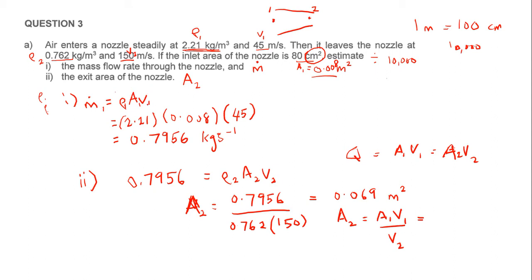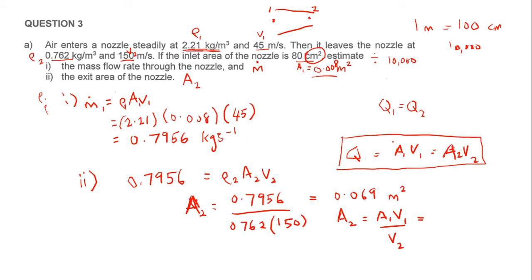Which equation? Row 1 times A1 times V1 equal to row 2 times A2 times V2. So you cannot use this equation, which is the volume flow rate, because the row is not the same. So you cannot equate just using Q1 equal to Q2.